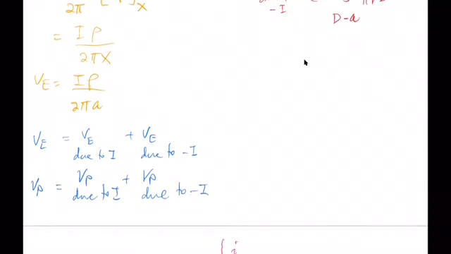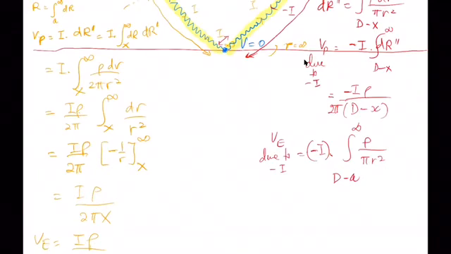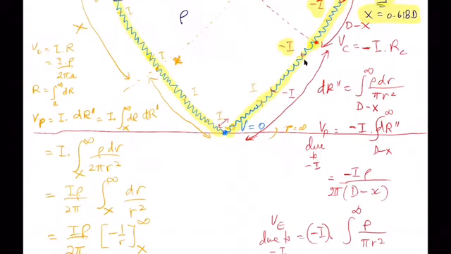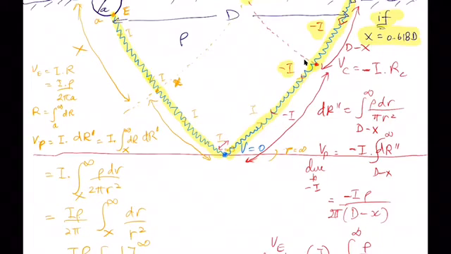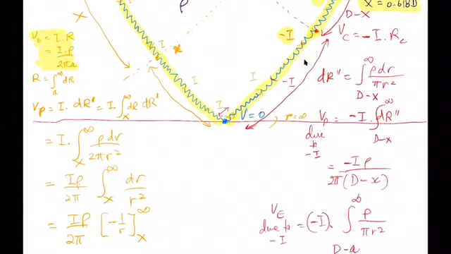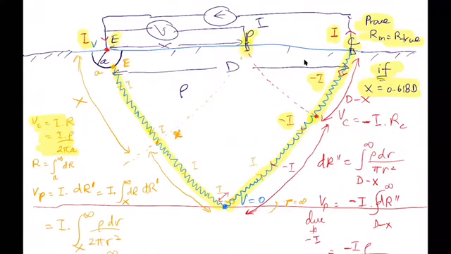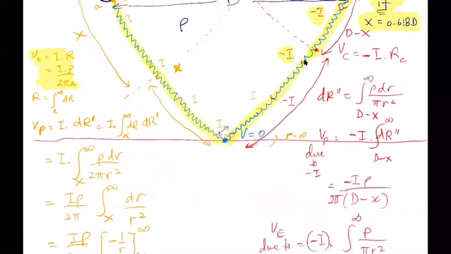Okay. So what we have done: VE due to I is already done here. Then we do VP. VE due to I is here, the first one. VP, which is in the middle, due to I is this, already calculated here.